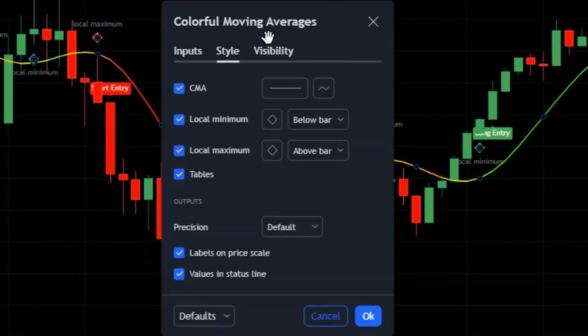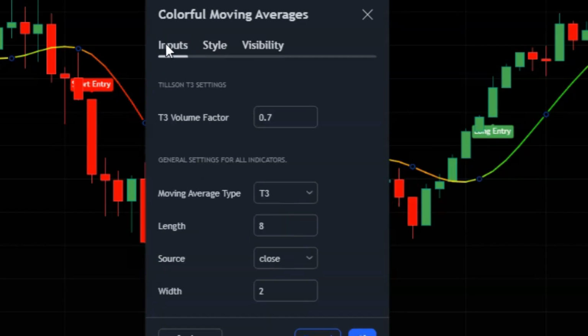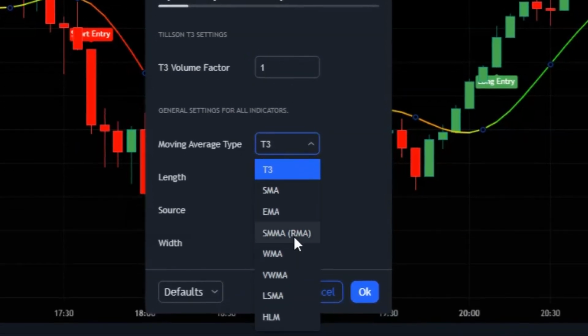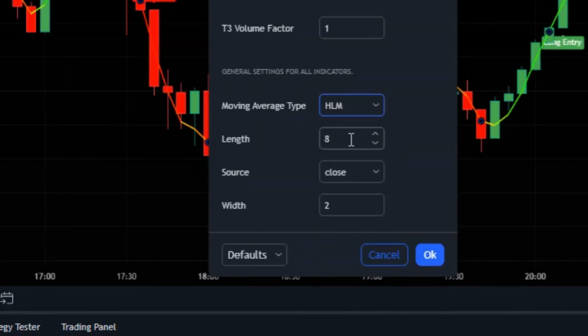So in the Style tab, disable everything except CMA. Then in the Inputs tab, change T3 volume factor to 1, moving average type to HLM, and the length to 200.